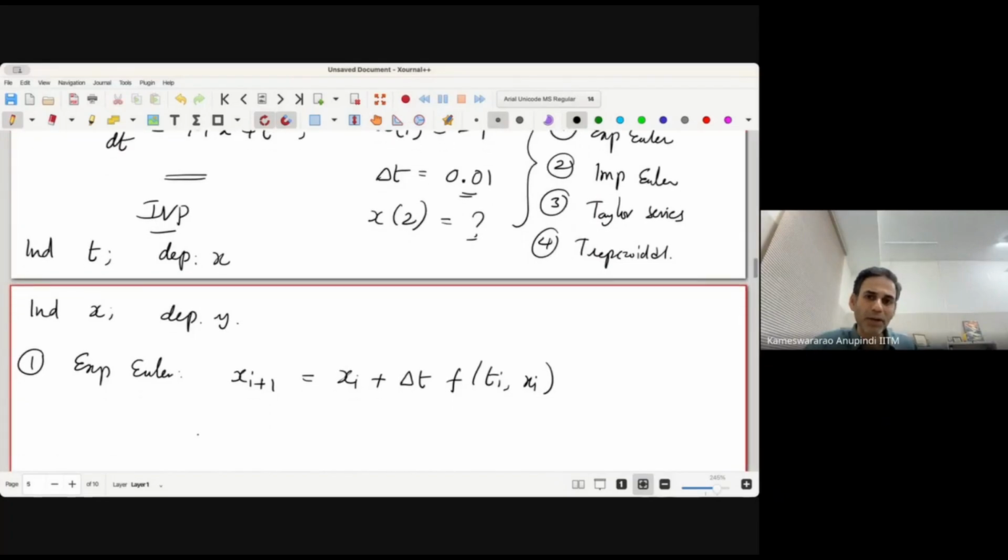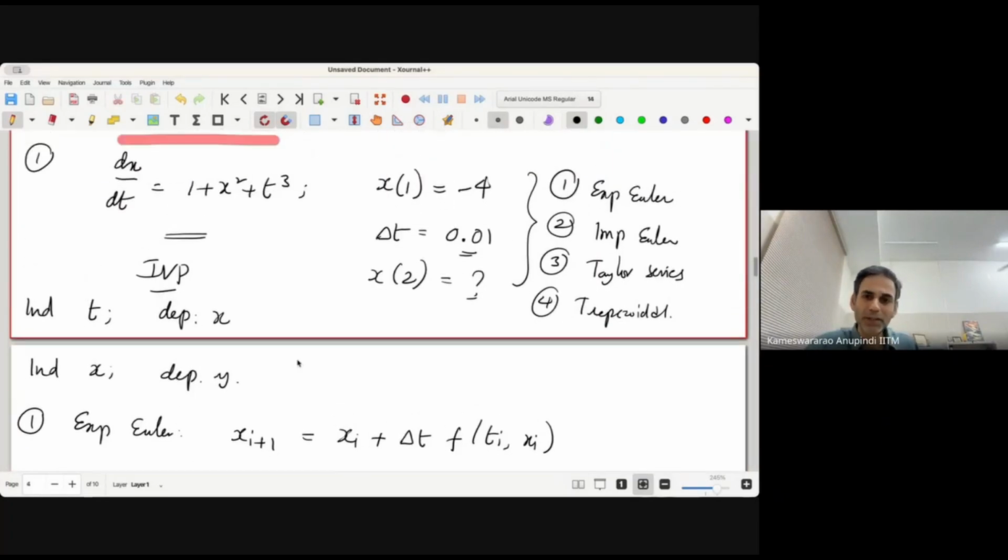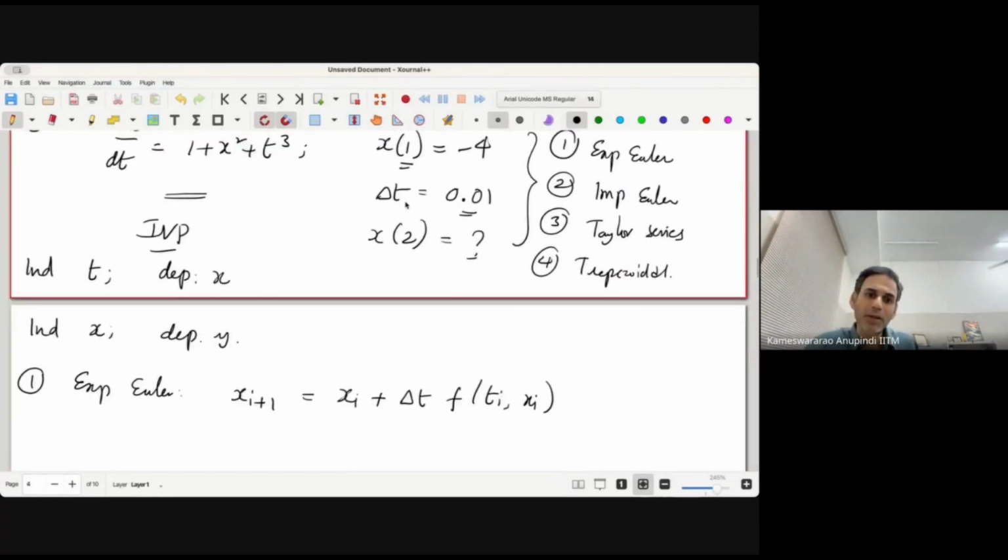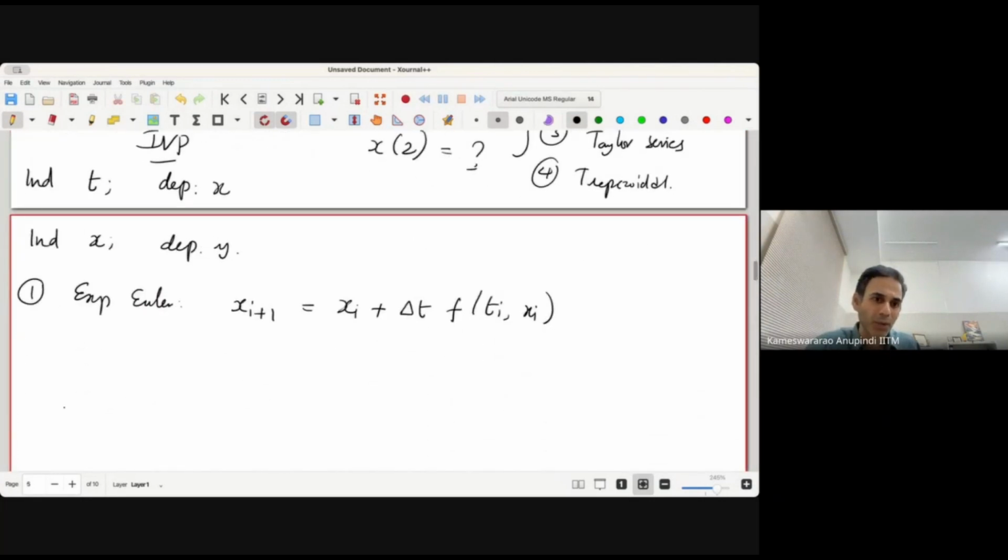We are starting from i equals 0, so x of 0 is 1. That is what we are given. We want to calculate x of i plus 1.